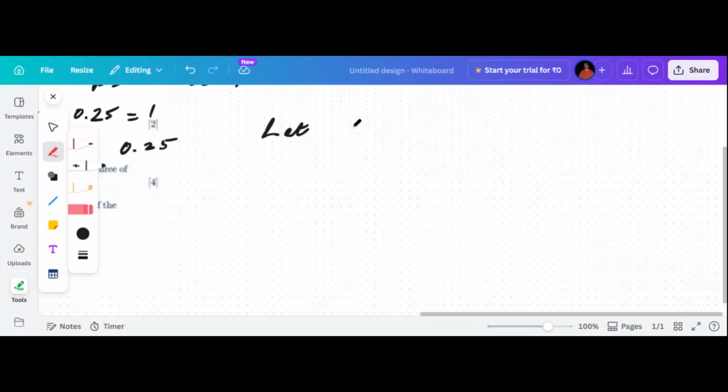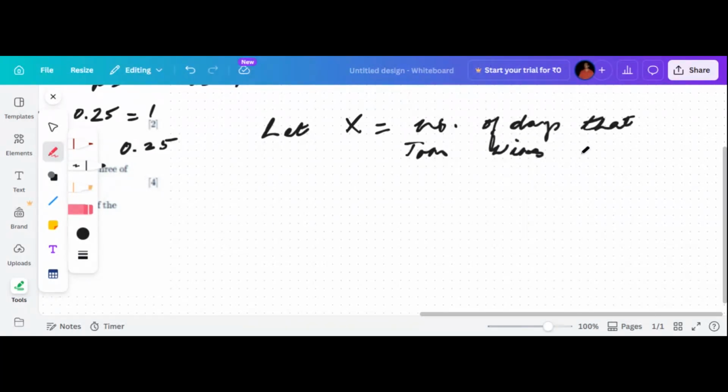Let x be the number of days that Tom wins every match, which means three matches.